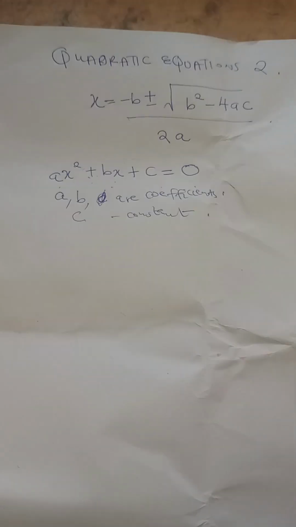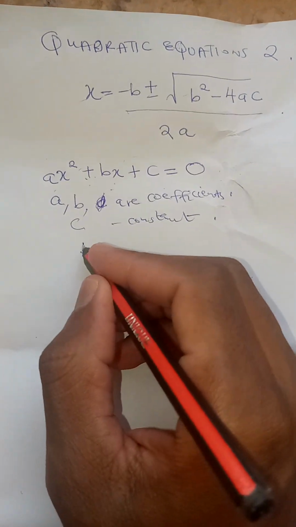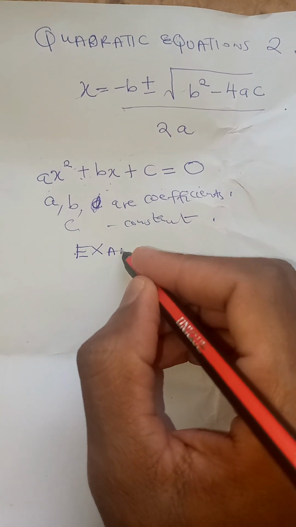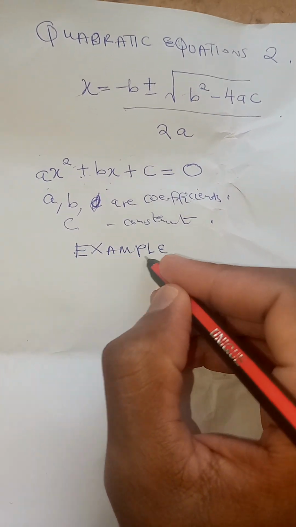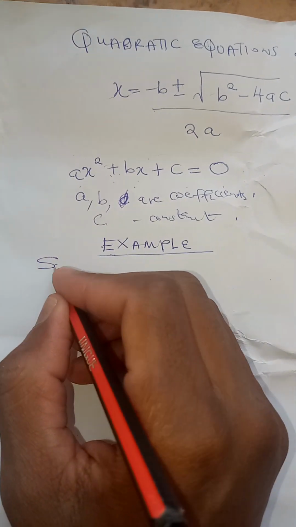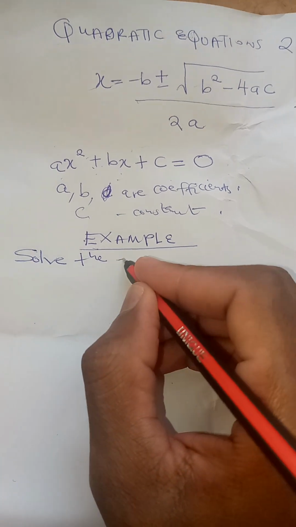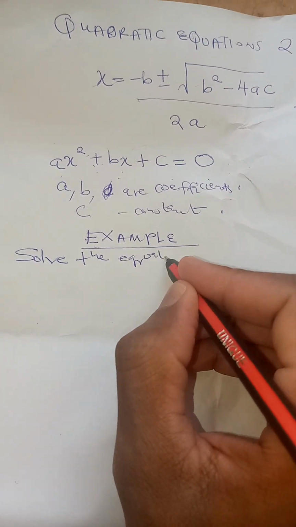So I'm going to give you about, let me say, 3 situations on how they're going to bring such questions. So the first one, let's take this one. Our first example there. For example, the question will come, they always tell you to say solve the equation.